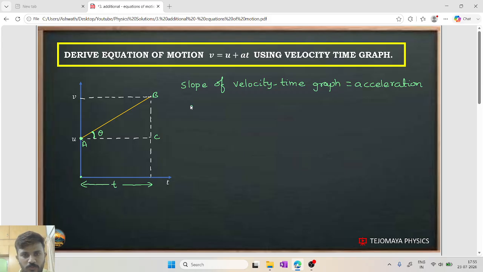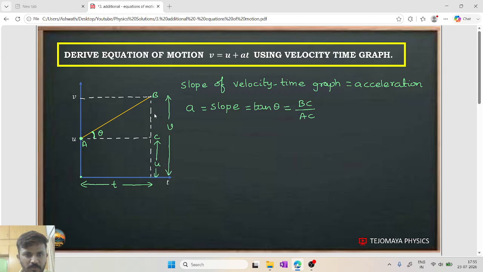So let me find the slope. Acceleration a is equal to the slope of the triangle ABC here, that is equal to tan theta. What is tan theta? Opposite by adjacent. Opposite is BC and adjacent is AC. From the x-axis to C, the value is u, because that gives you the initial velocity, and the same x-axis to B will give you the final velocity.